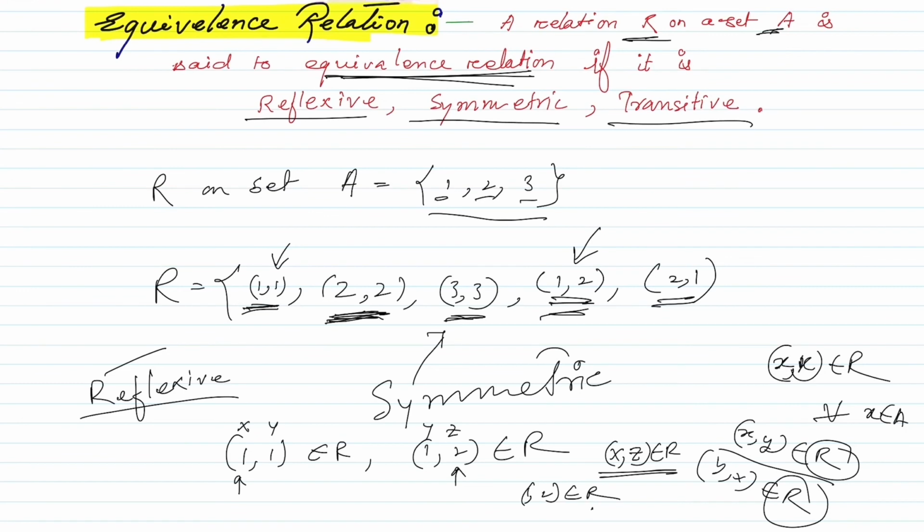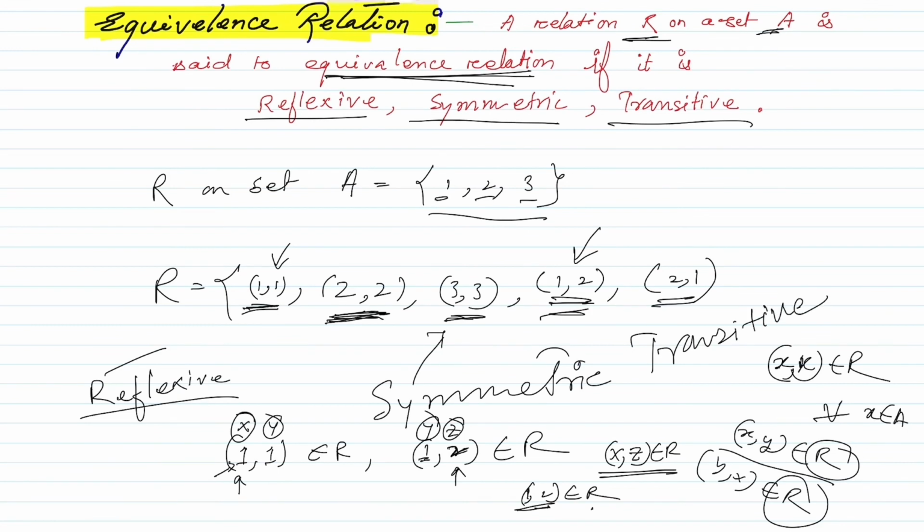Here x is 1, z is 2, then again (1,2) belongs to R, which is already there. Here we have considered the first one as x and the second one as y, and then the next component 2 as z. Then you see (1,2) belongs to R, that's why it is transitive.